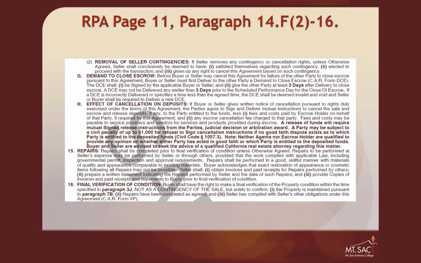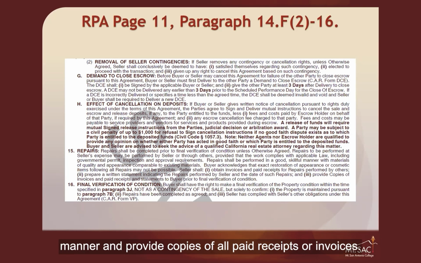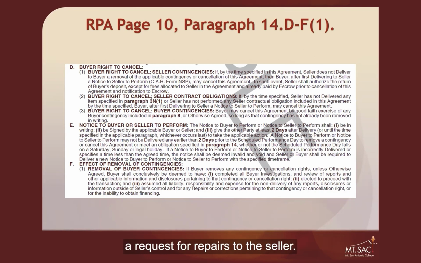All right, so paragraph 15, if the seller agrees to do any repairs, they will do so in a workmanlike manner and provide copies of all paid receipts or invoices. Remember, during those 17 days, if the buyer finds something wrong with the property, they can give a request for repairs to the seller. Seller doesn't have to respond.